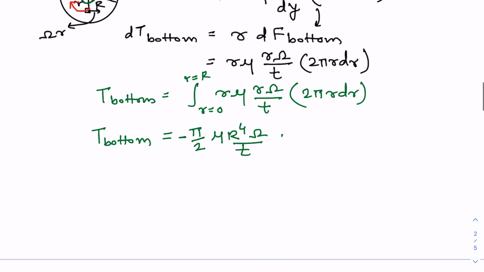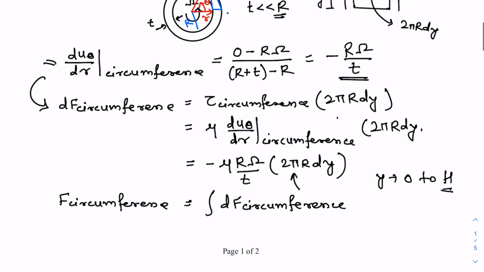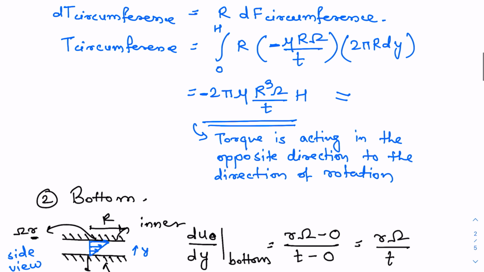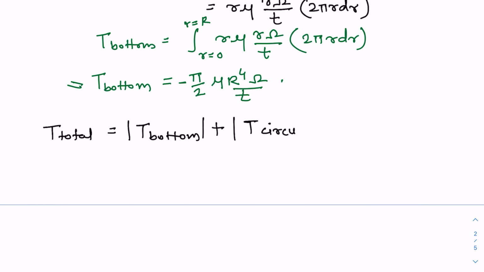So if we just take the magnitude of the torque acting on the bottom and the torque acting on the circumference, the total torque comes out to be equal to 2 pi mu.